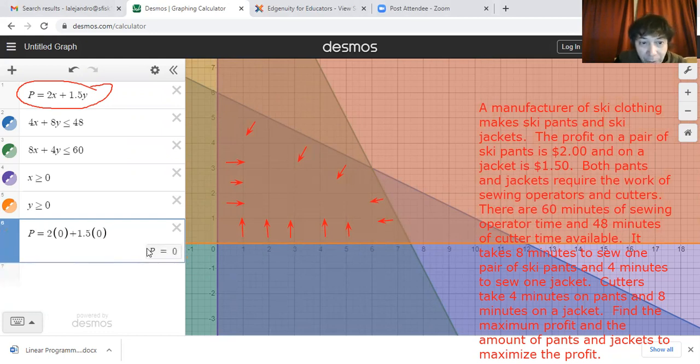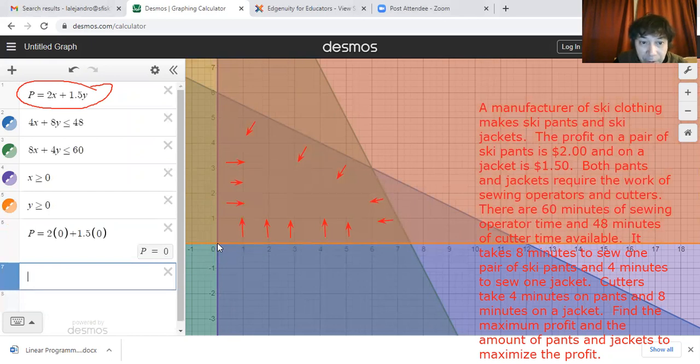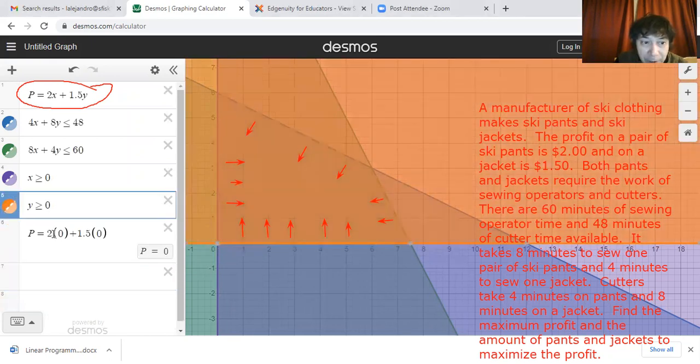So our profit there is 0 for this particular point. Our x is 0, our y is 0, and so our profit there is 0. Now, that's not maximum.